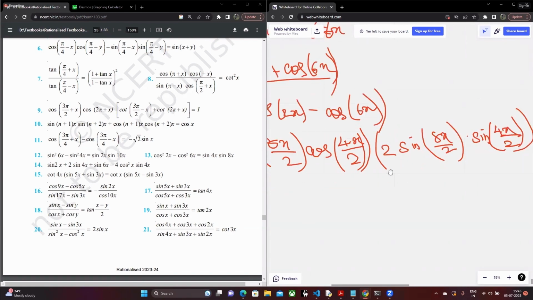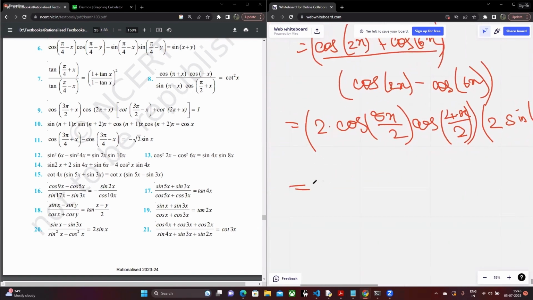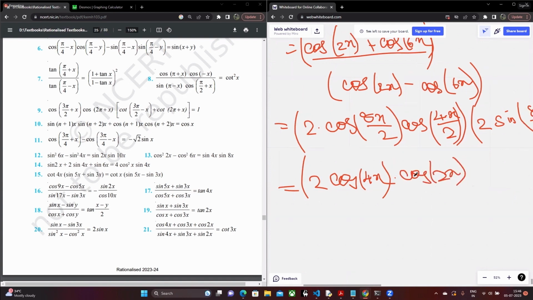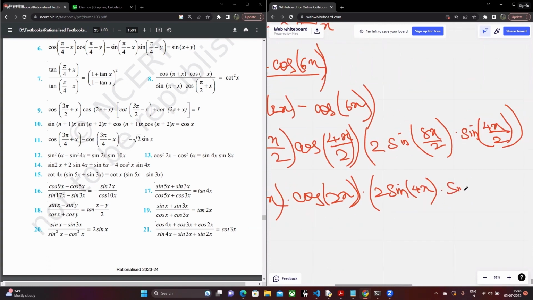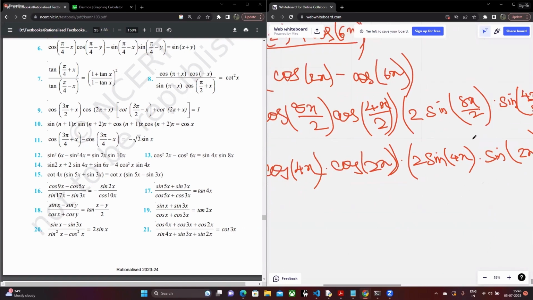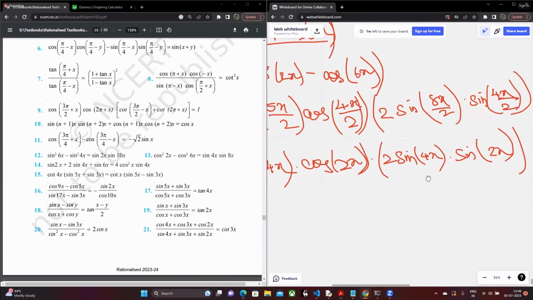Remember that. So you are basically left with 2 cos 4x into cos x, wait, this is cos 2x, into 2 sine 4x into sine 2x. Now you are going to collect the like terms.